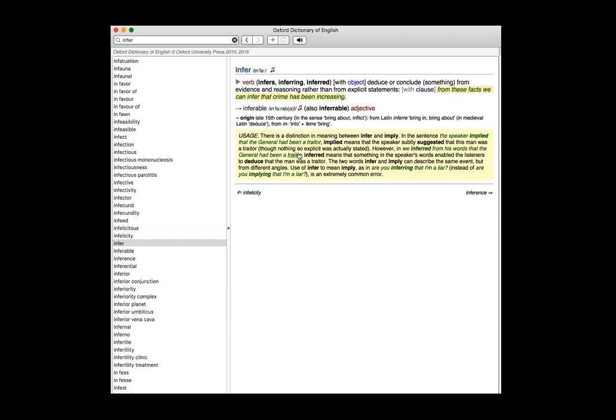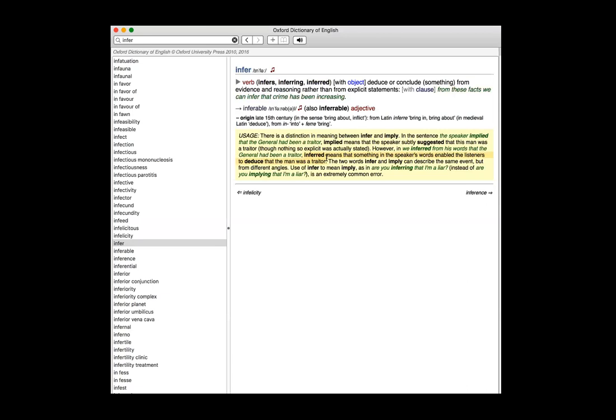However, inferred means that something in the speaker's words enabled the listeners to deduce that this person was a traitor. So infer is different from imply because they're from different angles. The use of infer to mean imply is a common error. That's neither here nor there. But the point is, I might imply something, but you're going to infer it.